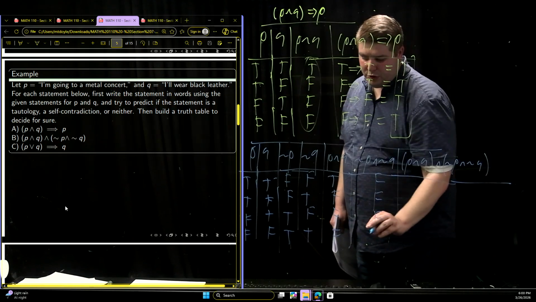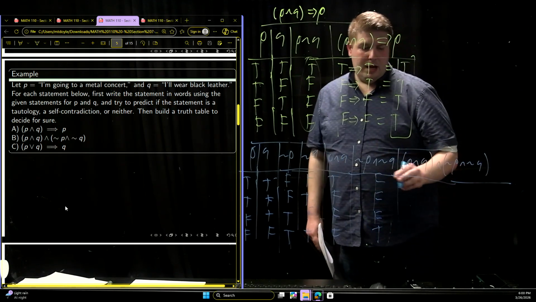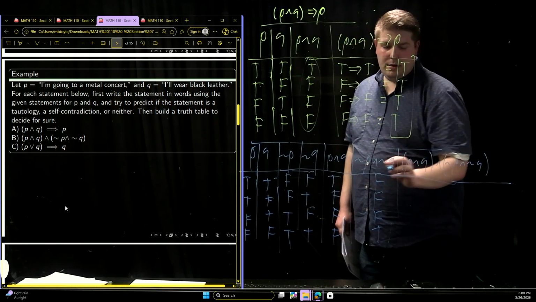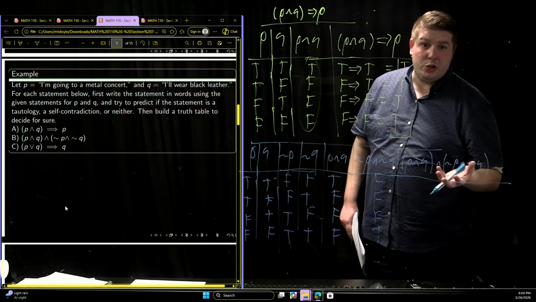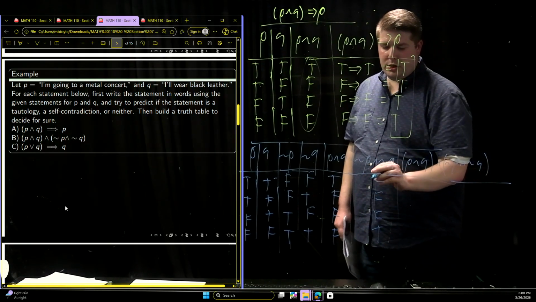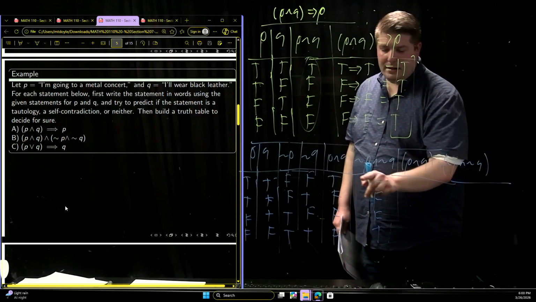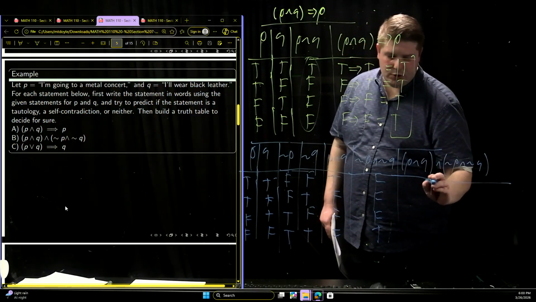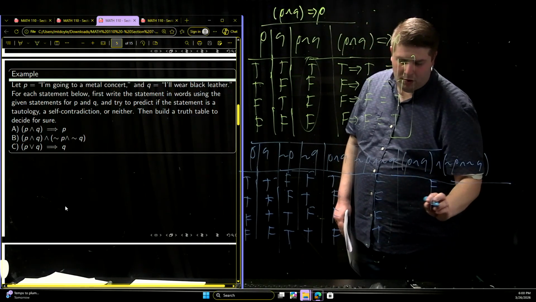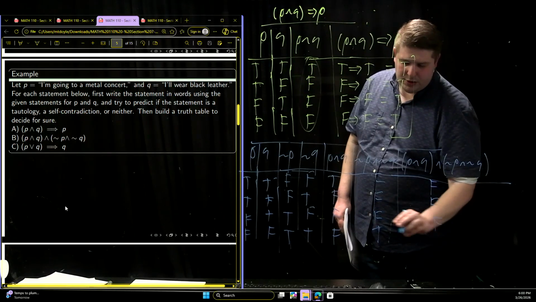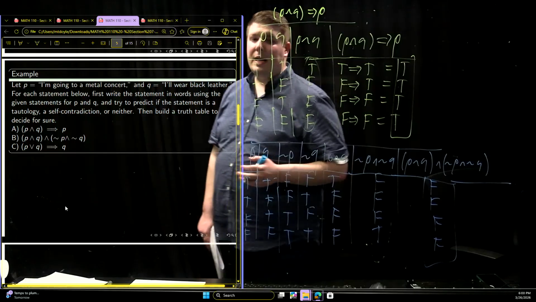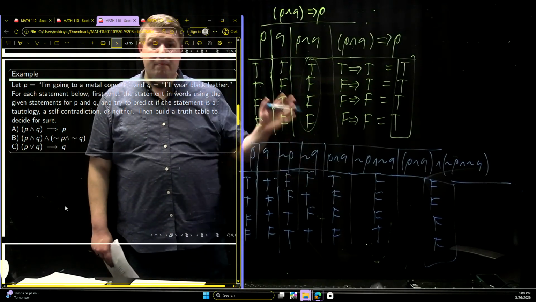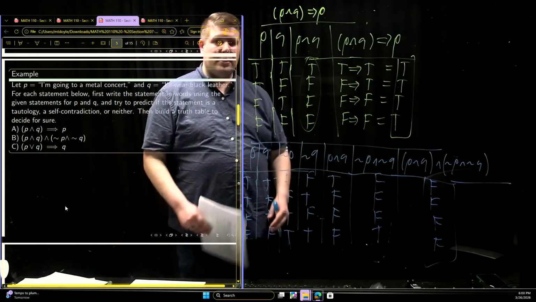Then we have true and true, which is true. And then we have the conjunction of these two statements, essentially. So we have true and false, well, that's false. False and false is false. False and false is false. False and true is false. So the statement is always false, meaning it's a contradiction. It's a self-contradiction.